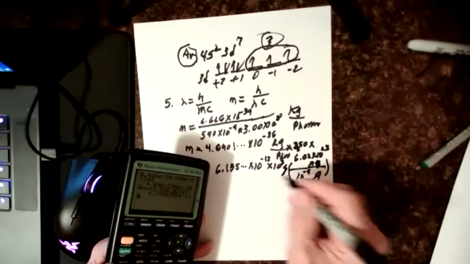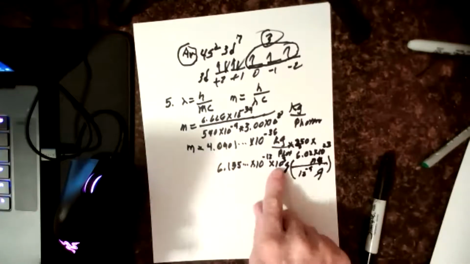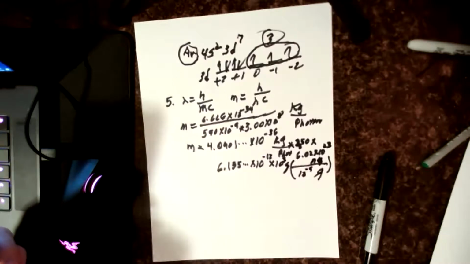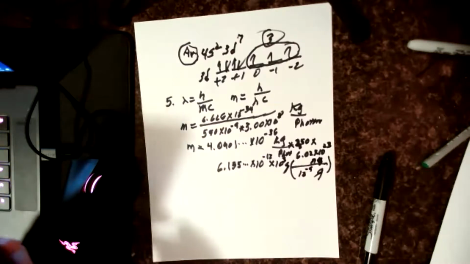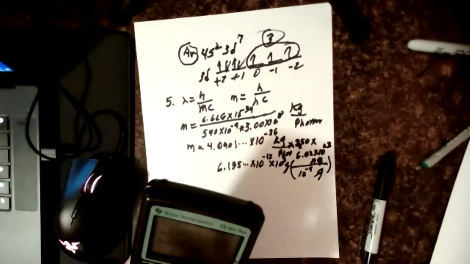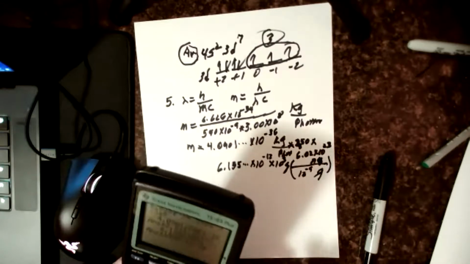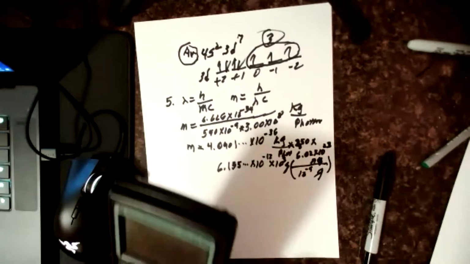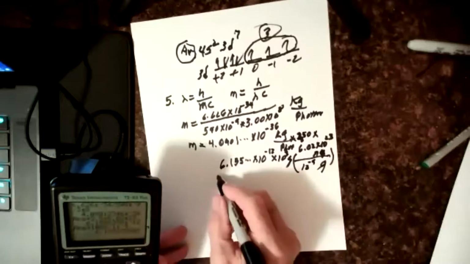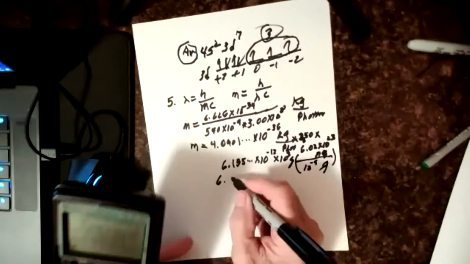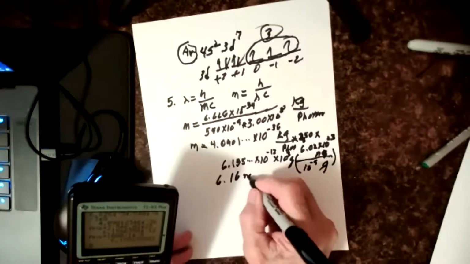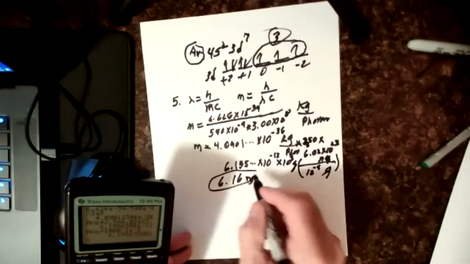So I need to multiply by 10 to the third and divide by 1 with an exponent of minus 9. And I'm coming up with 6.16 nanograms. Okay, that's good. That's D.